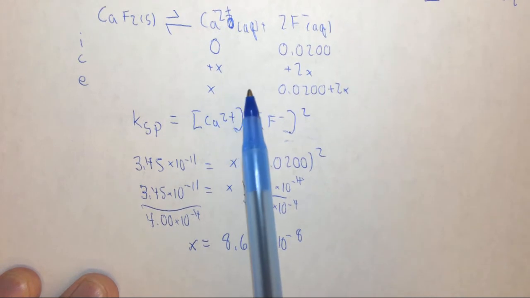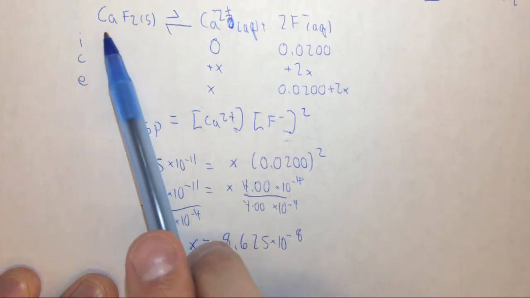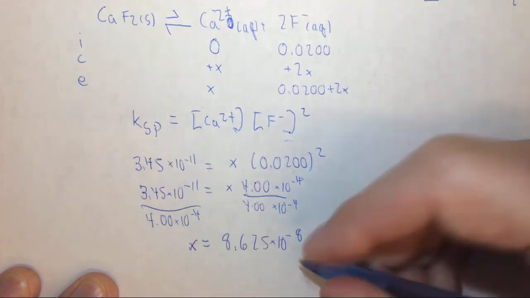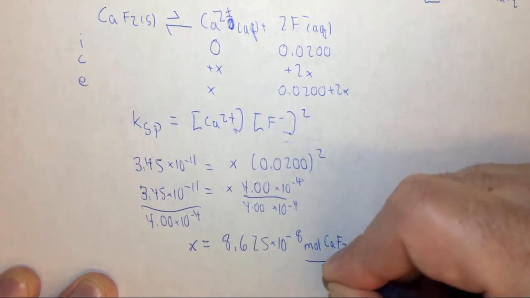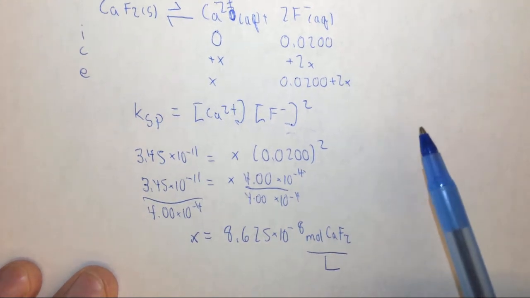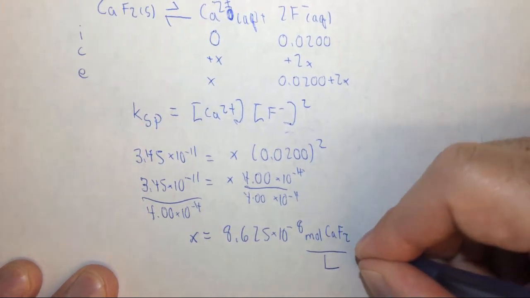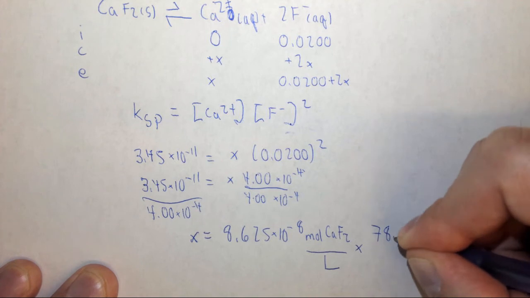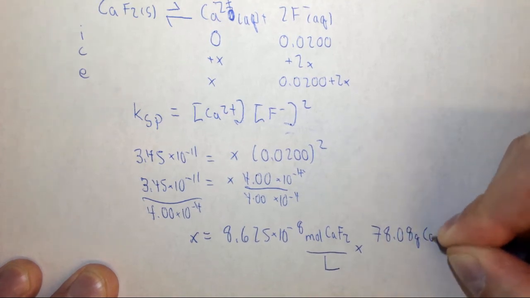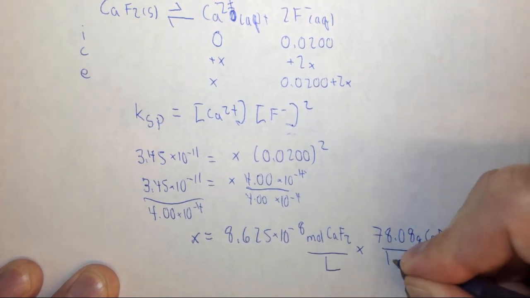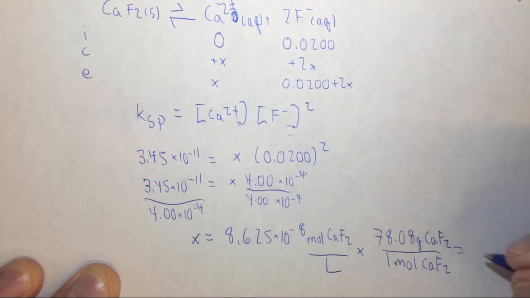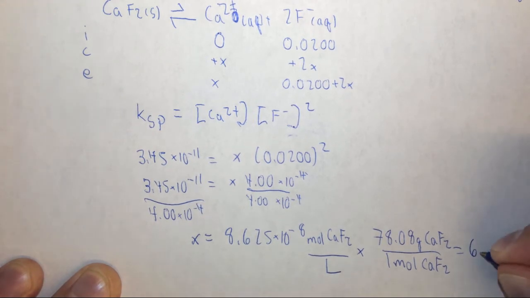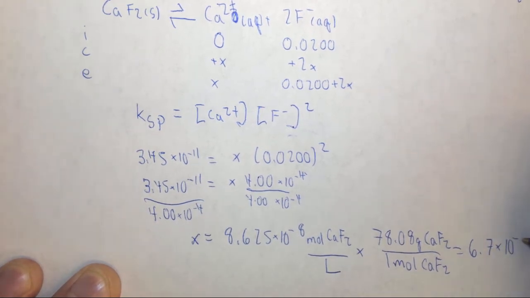That is, again, the amount of this per liter, and since this is 1 to 1, the amount of this per liter. So it's the moles of CaF2 per liter. Remember that we want it in grams per liter, so we again multiply by the 78.08 grams of CaF2 per 1 mole of CaF2, and we find that it is, to 2 sig figs, 6.7 times 10 to the minus 6 grams per liter.